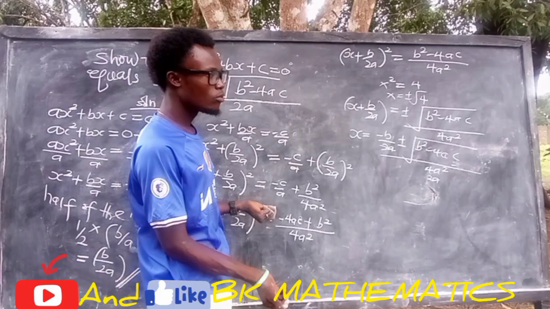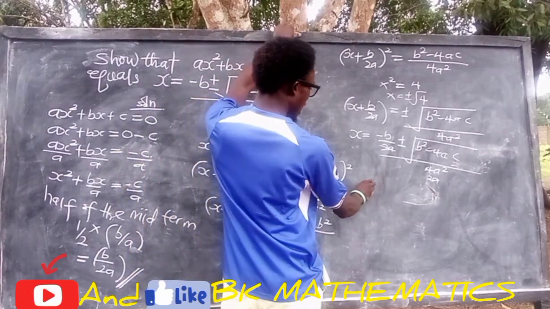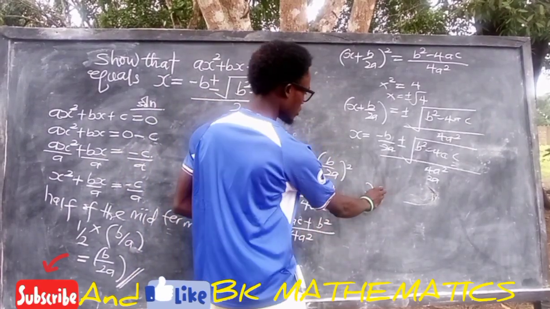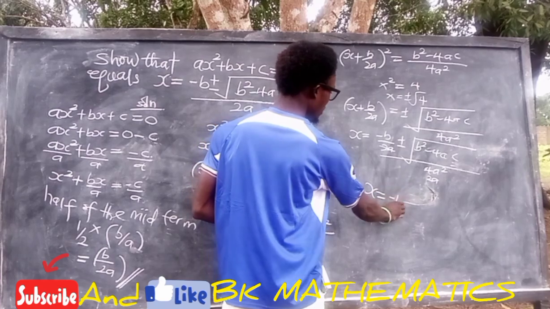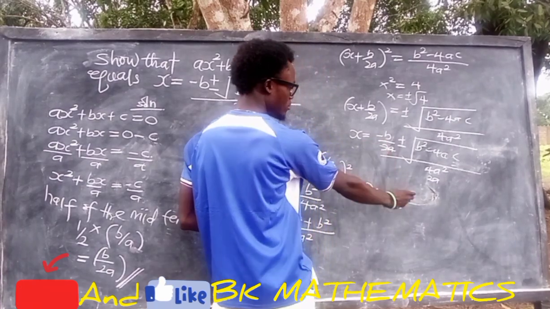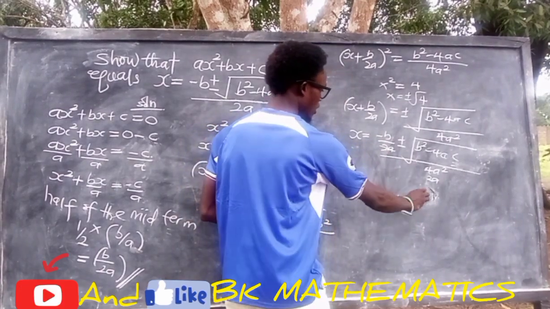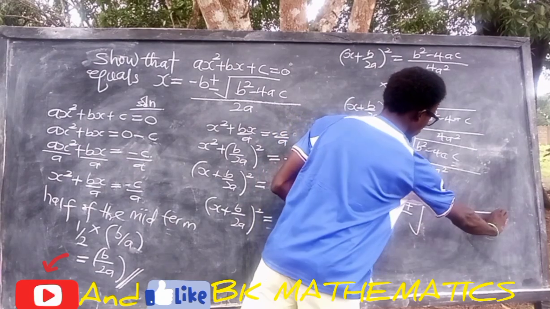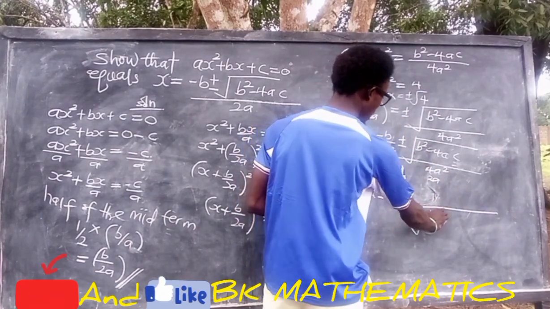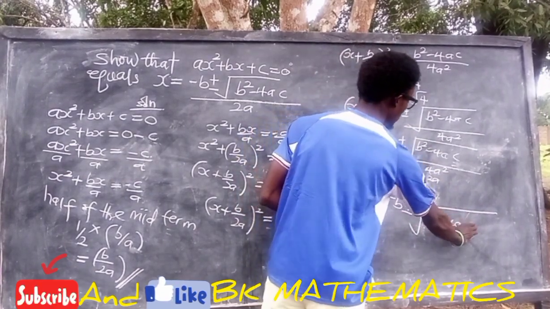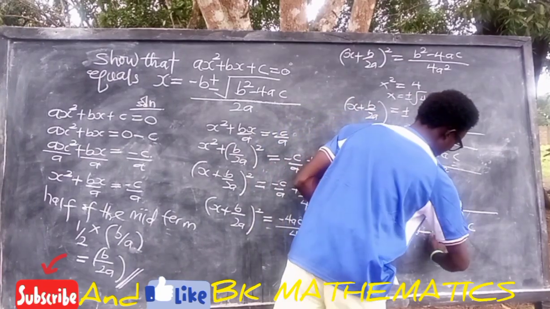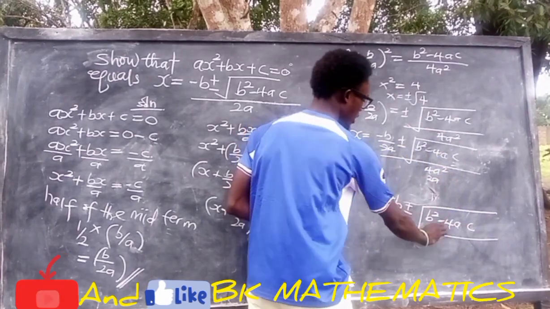Now this one becomes x equals minus b, because it is minus b that remains, plus or minus the square root of b squared minus 4ac divided by 2a.